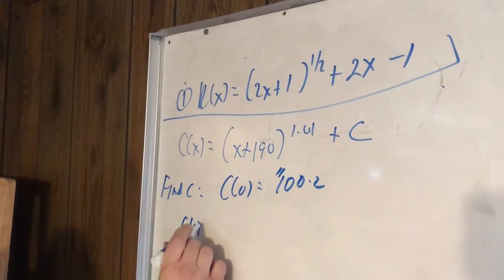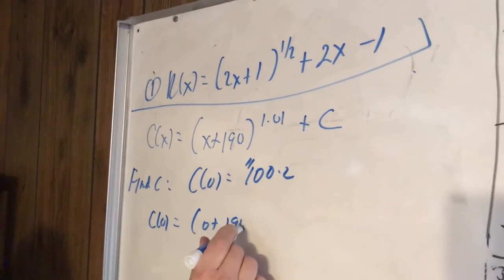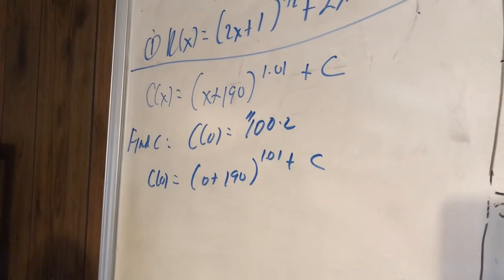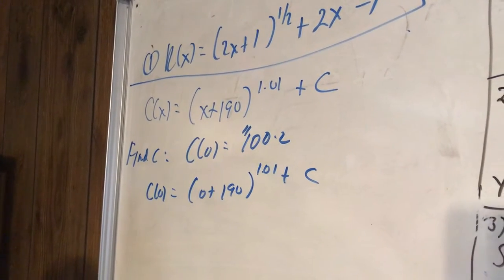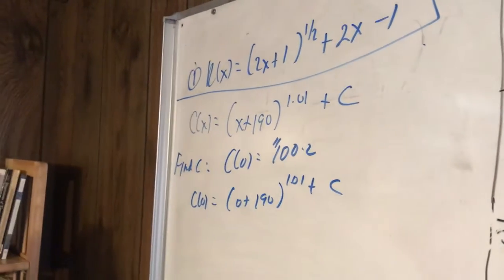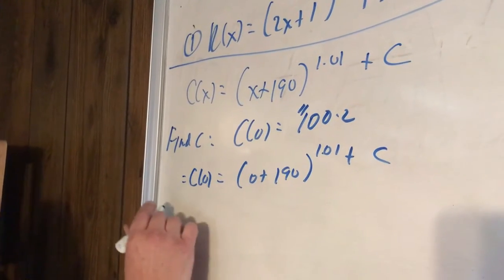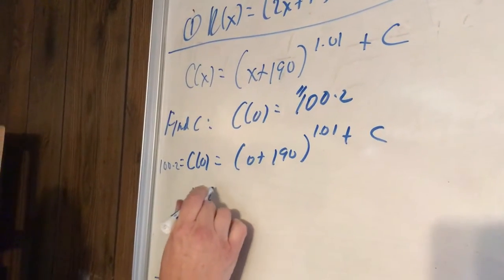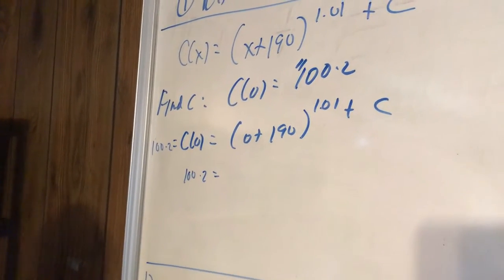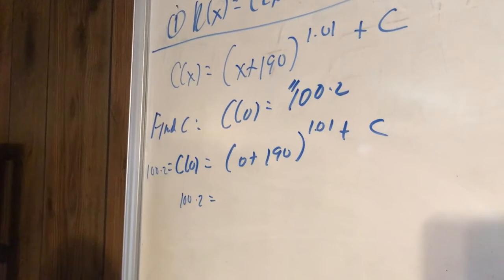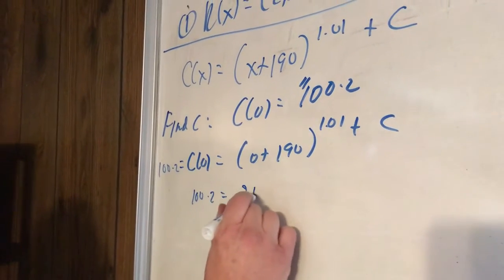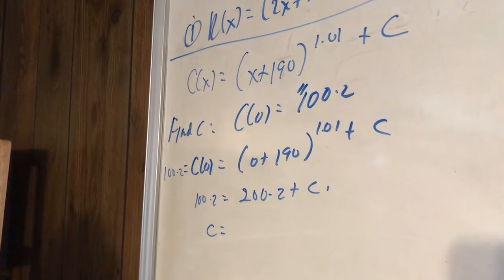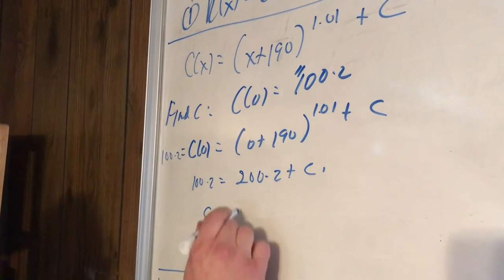So C of 0 is going to be 0 plus 190 to the 1.01 plus C. So 100.2 equals 190 to the 1.01, which is actually, I believe, 200.2, plus C. So C is going to be simply 200.2 minus 100.2, which is 100.